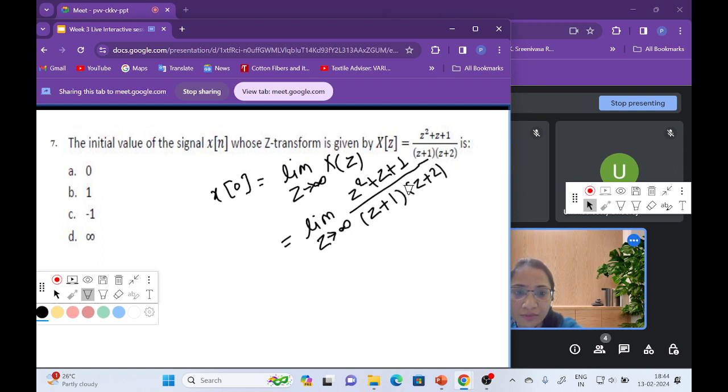So first read this part, limit z tends to infinite. How are we representing infinite? Infinite is represented by 1 by 0, correct?